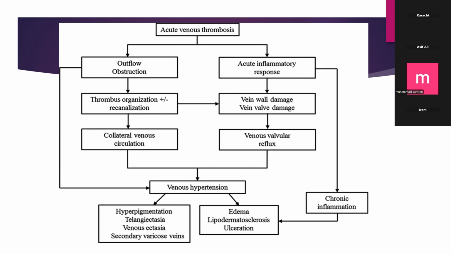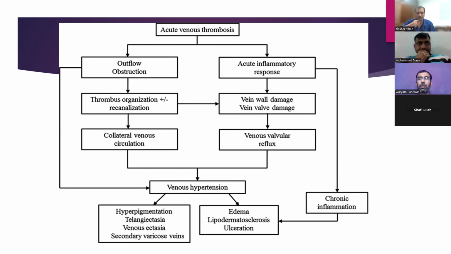Whenever there is thrombosis of veins, especially the iliofemoral venous segment, there is fibrosis and recanalization. But the recanalization is always partial with the development of synechiae, and there is outflow obstruction there. So one part is obstruction. The other is inflammation. Inflammation leads to two things. One is the loss of vein valves that leads to reflux, and the other is loss of vein wall compliance.